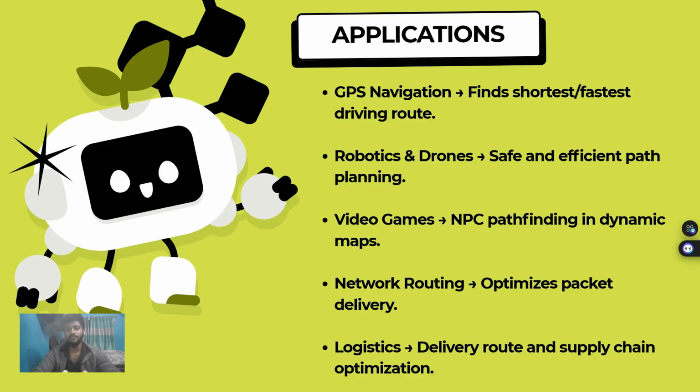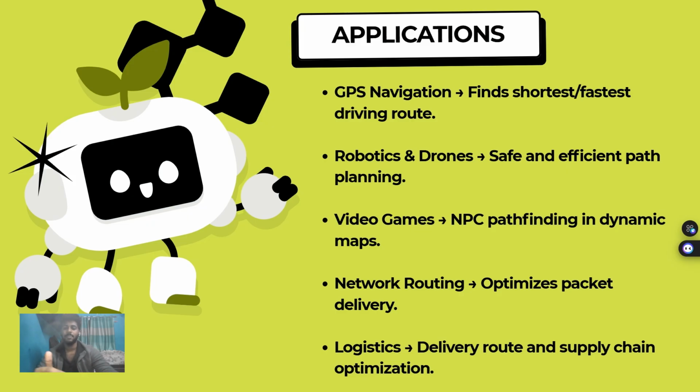Robotics and drones: safe and efficient path planning. There are some robots like delivery robots or home cleaning robots. These should be maintained in an efficient way so that they use less electricity or less fuel. For that, if it chooses a best or shortest path, it will be more efficient.